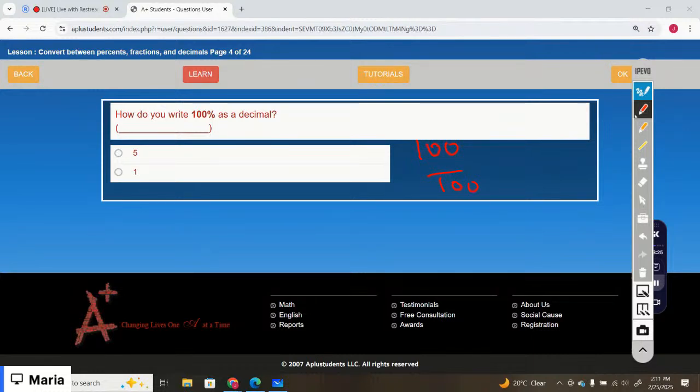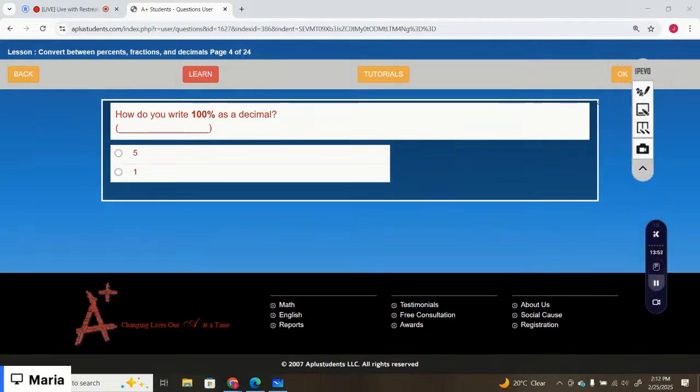And 100 divided by 100 equals 1. The correct option is 1. Option number 2 is the correct option.